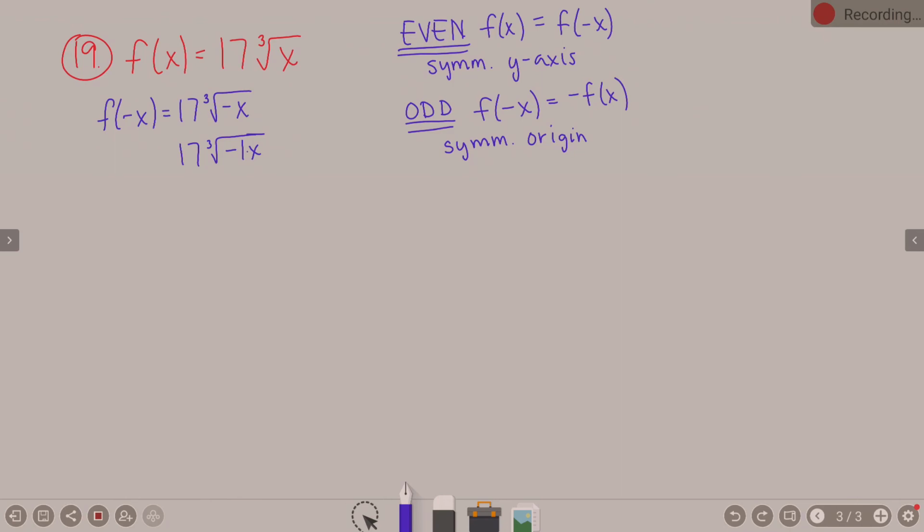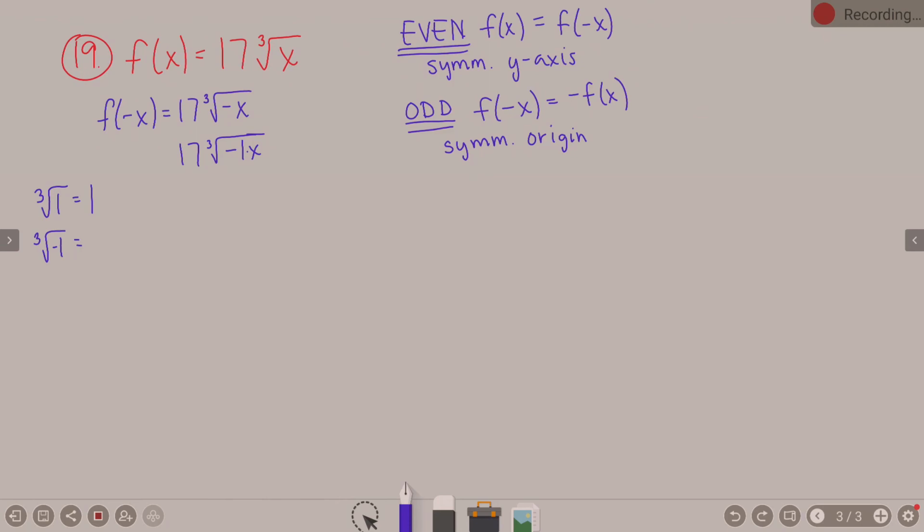However, can we take the cube root of negative 1? First of all, can we take the cube root of 1? Yes, because 1 times 1 times 1 is 1, right? So side note here. Cube root of 1 is 1. Can we take the cube root of negative 1? Negative 1? Because the cube root of a negative is a negative.